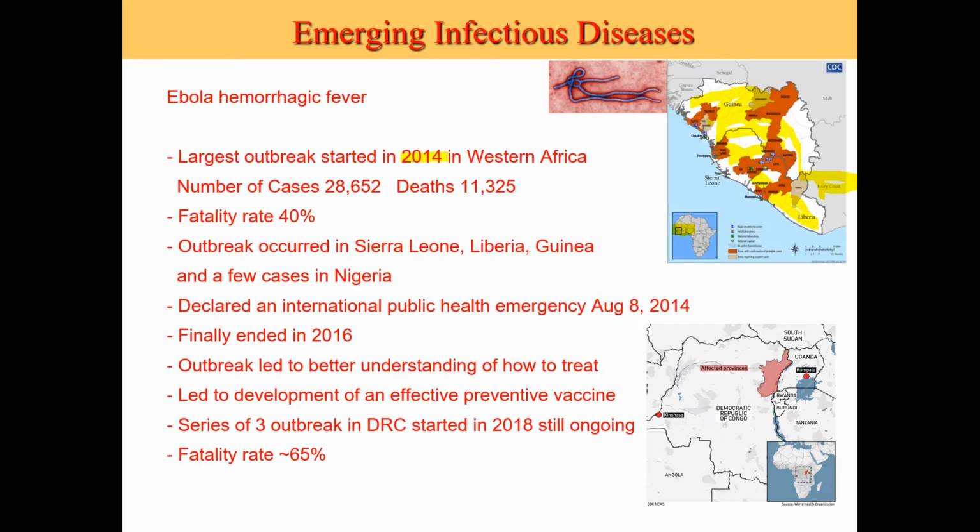Because they had a lot of cases and developed quite a bit of experience over time, due to the number of cases and the length of time that this particular outbreak persisted, they came up with better treatments. But they also came up with an effective preventive vaccine, which was developed originally here in Canada.